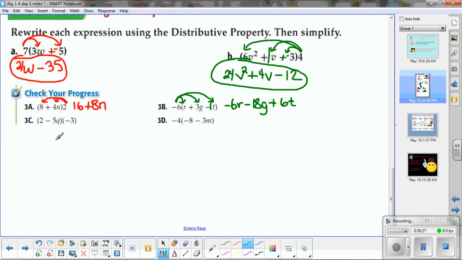All right, now the last two examples. Everything inside of here is going to be multiplied by a negative 3. Negative 3 times 2 is negative 6. And then a negative 3 times a negative 5q. Negative times a negative is positive, so 15q, a positive 15q.